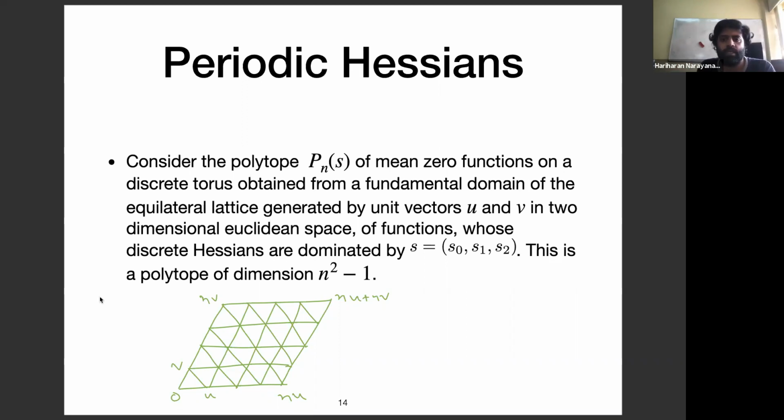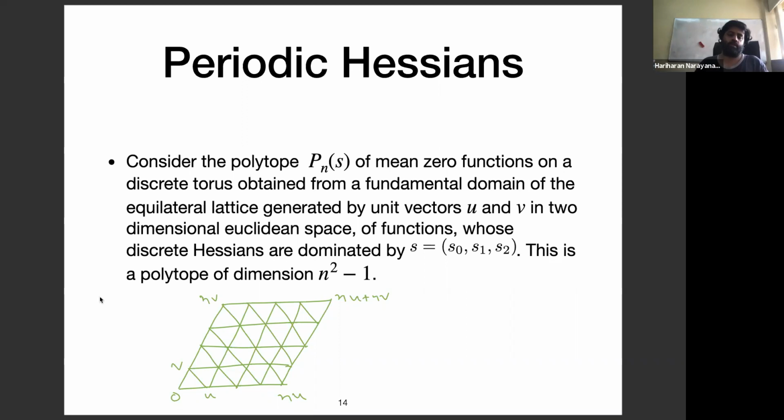So what we're going to do is consider a polytope of mean zero functions on this discrete torus. Why are we looking at mean zero semi-concave functions? We wanted to look at quadratic functions with the average Hessian. Instead, we look at quadratic functions with a periodic Hessian with period n and a certain average value.